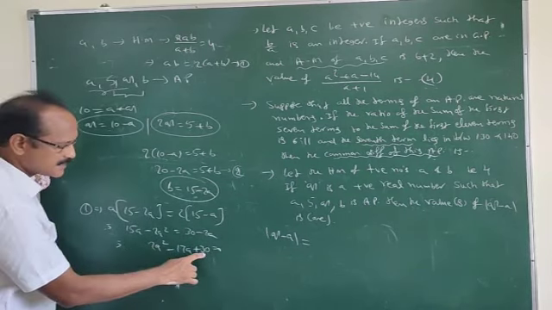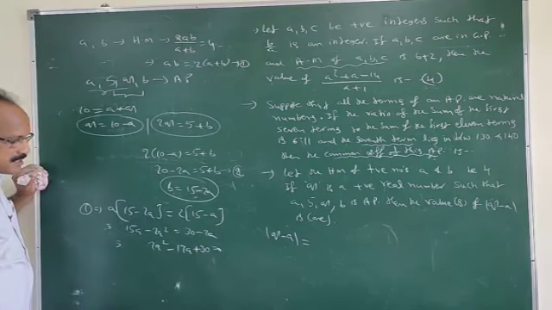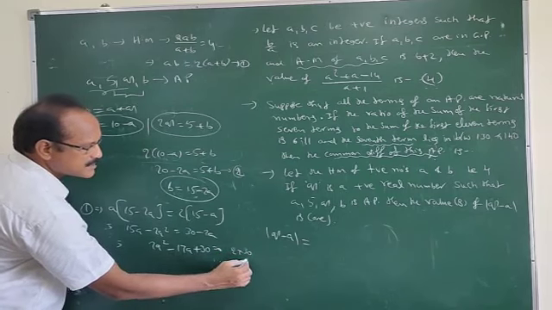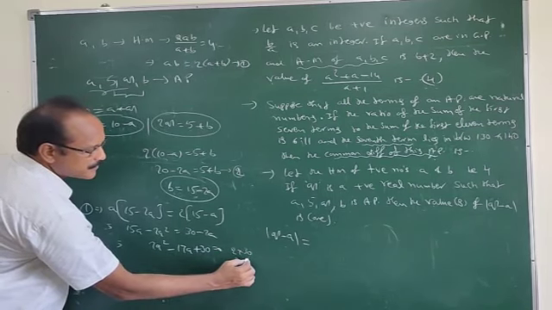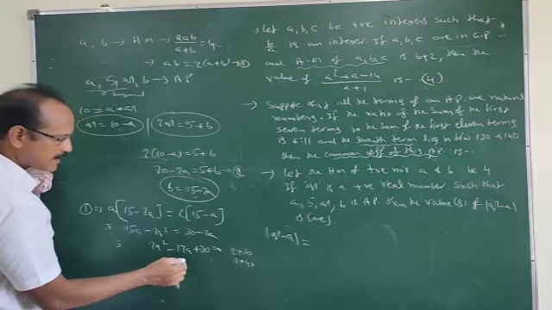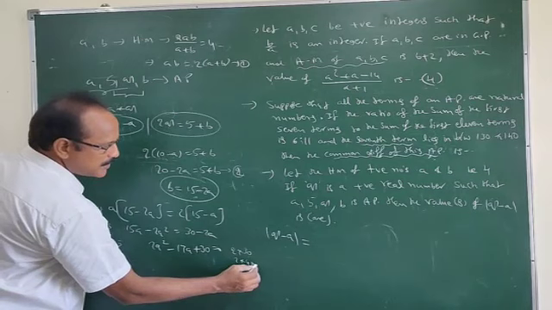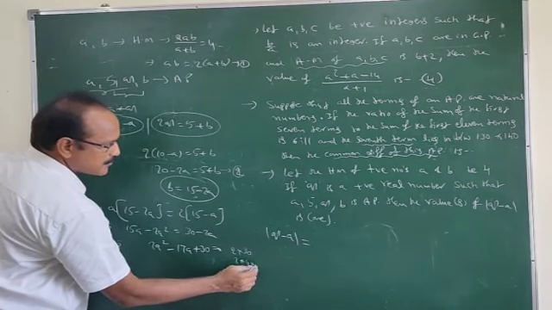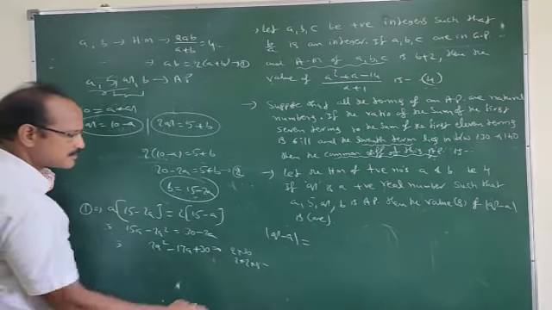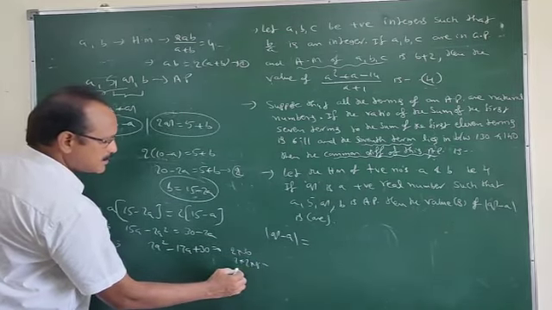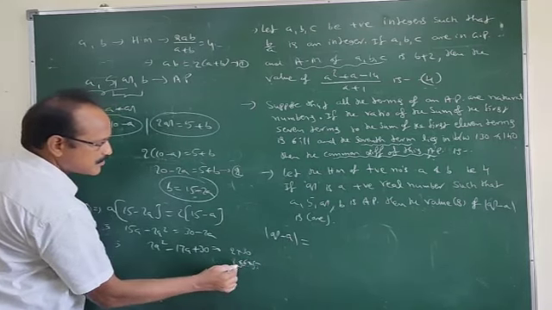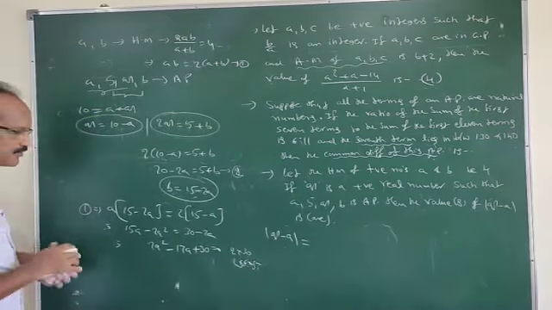Right, 2 into 30, that is 60. We need factors of 60. 12 and 5 are the factors.